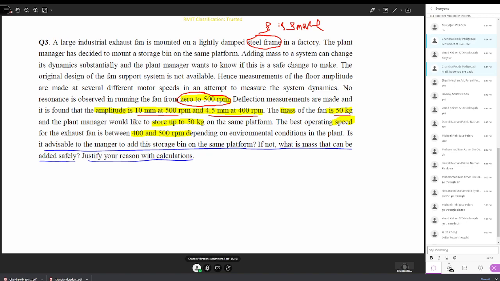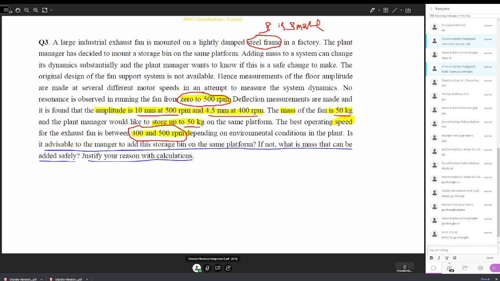So the mass of the fan is given as 50 kg, and the plant manager would like to store up to 50 kg on the same platform. So he wants to increase the mass from the present 50 to 100. So the best operating speed for the exhaust fan is between 500 to 500 RPM. So this is the best operating speed.